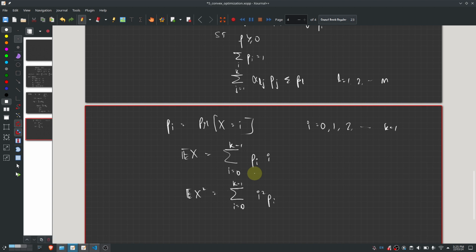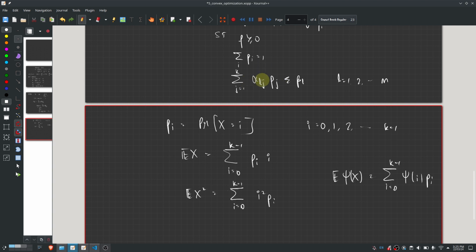So no matter which, I can take expectation with respect to any function, let's say some psi of x. This is always going to be equal to summation i equal to 0 to k minus 1 of psi of i p_i. It's always linear in p. Yeah, psi is always real valued.